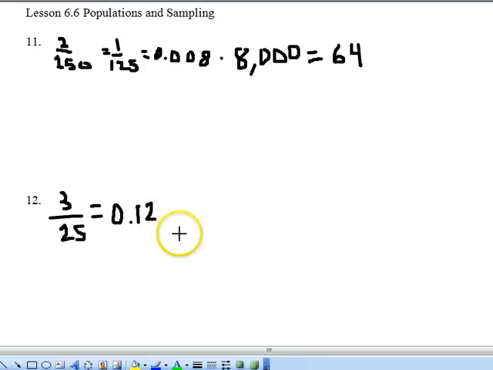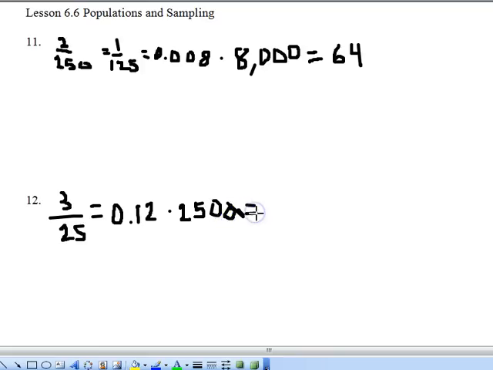Now let's read the rest of our problem. It says out of the 2,500 seniors, about how many are expecting to major in engineering. So now we just multiply 0.12 times the 2,500 seniors. Oh my.